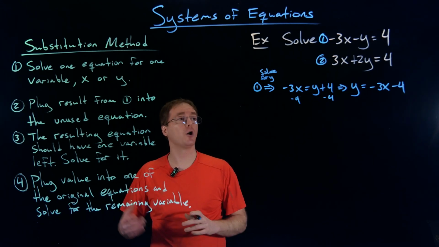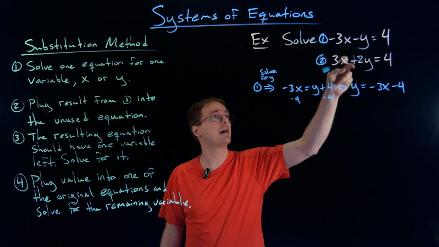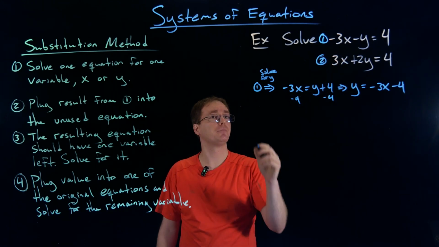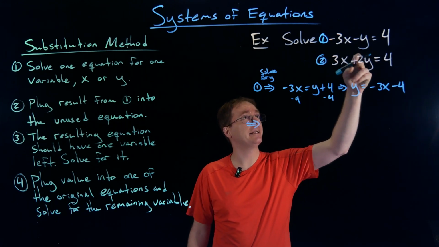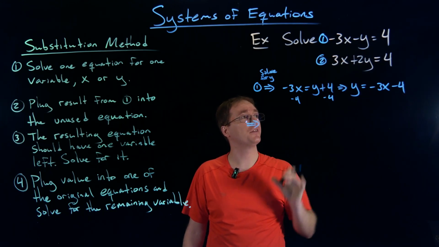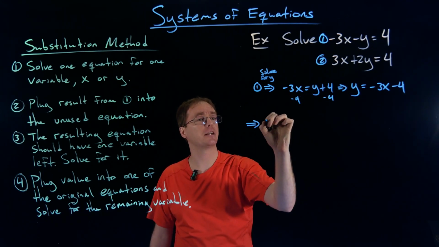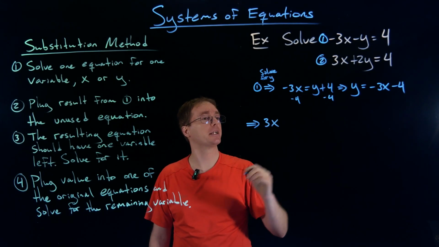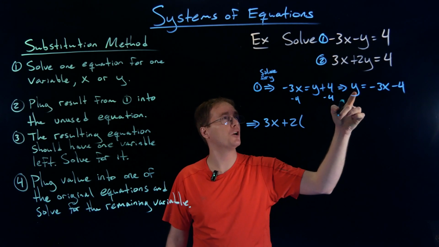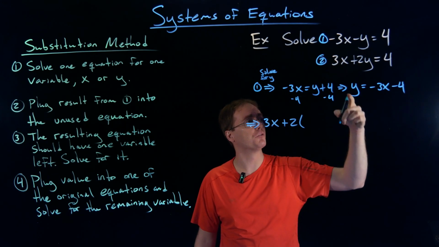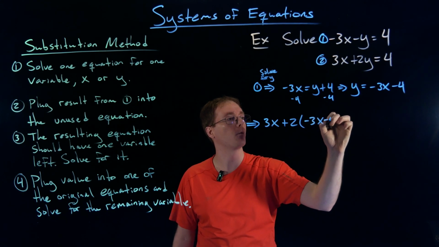We're going to plug the result from our first step into the unused equation. We haven't used equation 2 yet, so now we're going to replace y in our second equation with the quantity negative 3x minus 4. The first piece of our second equation is still 3x. But for that second term, instead of involving a y, we know from our first equation in this new form that y is equivalent to negative 3x minus 4.